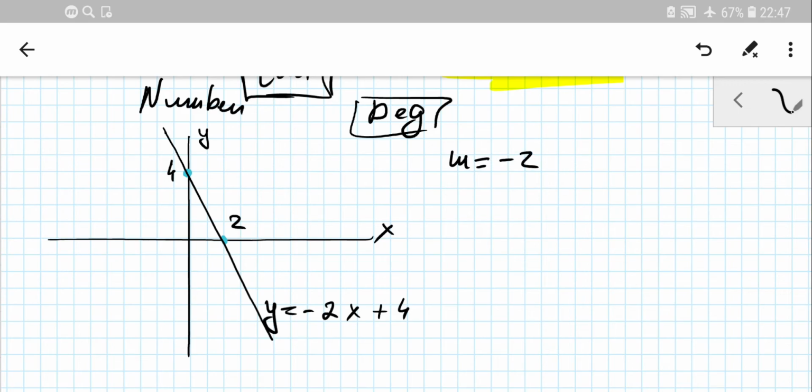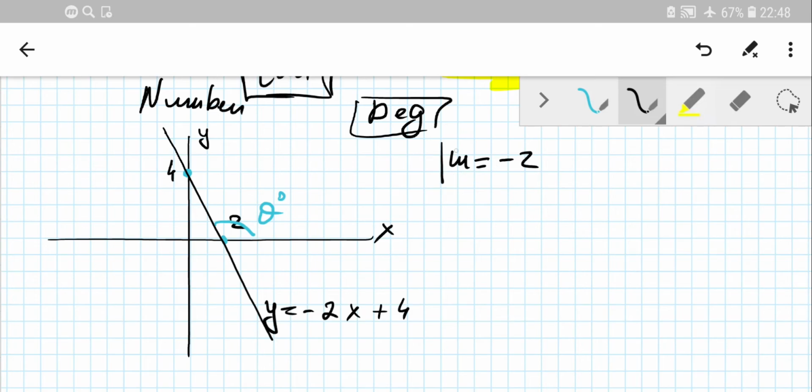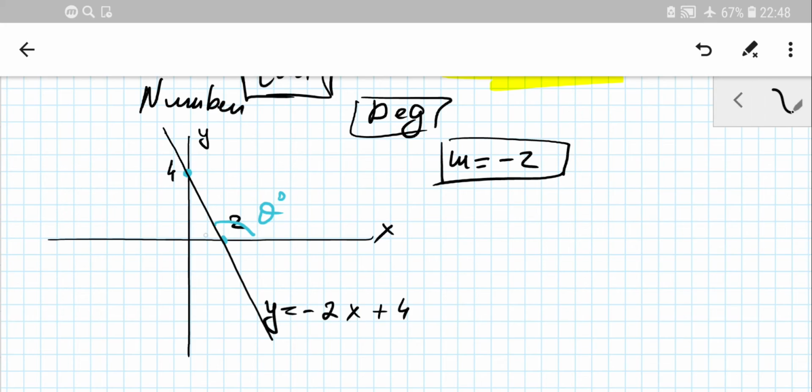So how do we work out the actual angle, theta? We can pretend that we have the line with gradient positive 2. Can we? No problem, because we can calculate this angle.